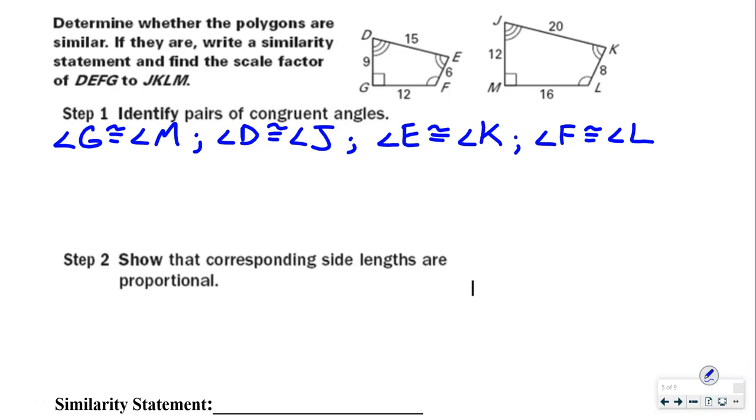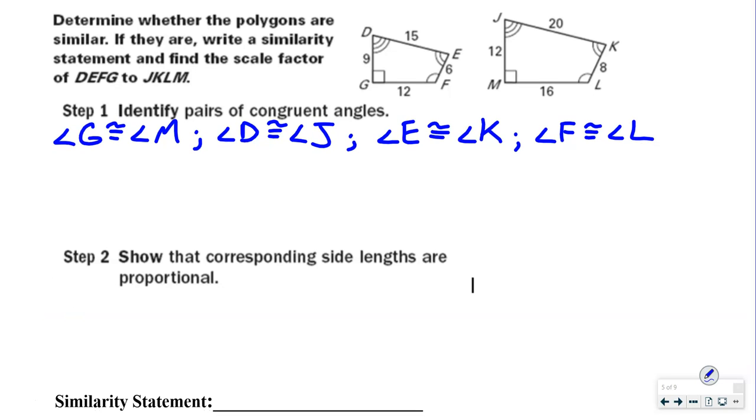If we look at our side lengths, let's start on the left with DG and JM. I'll put DG over JM, which is 9 over 12. And that simplifies to 3 over 4.